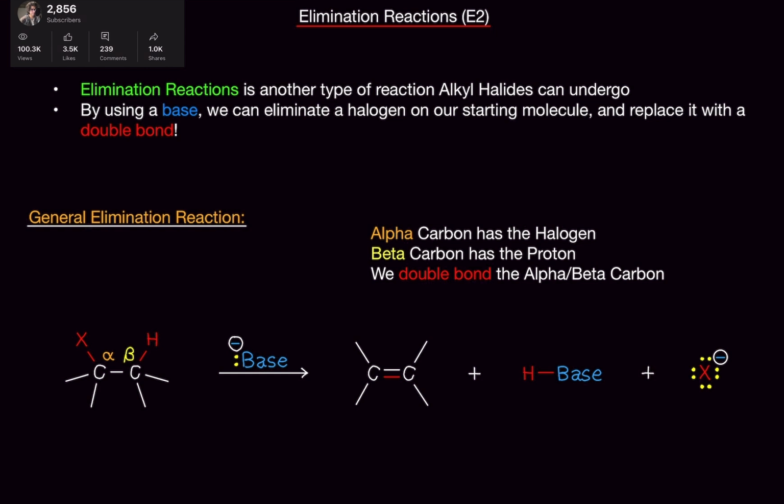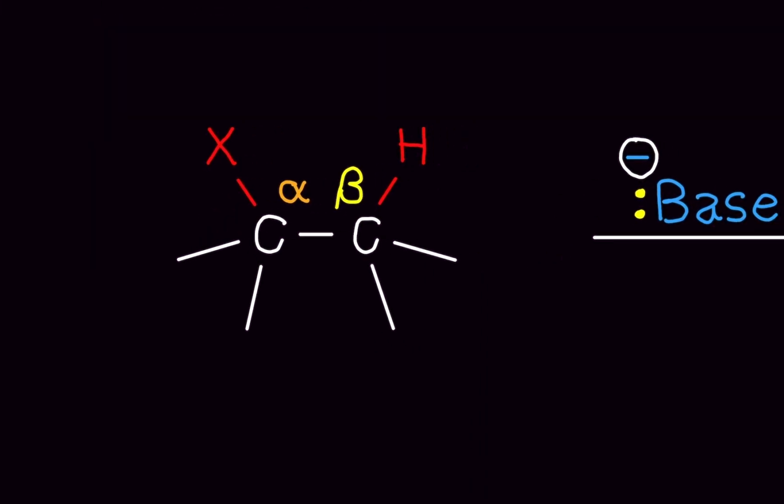This applies to E2 and E1 reactions. Basically, the base comes along and steals the proton, which is indicated here. The bond that was between the carbon and the proton now transfers electrons in the middle between the alpha and beta carbons. This is really important to know. When this happens, a double bond forms between the alpha and beta carbons, nowhere else. Always between the alpha and beta carbons.